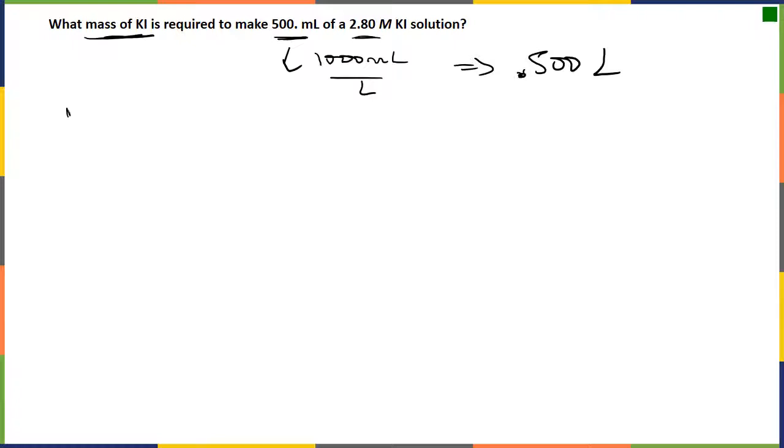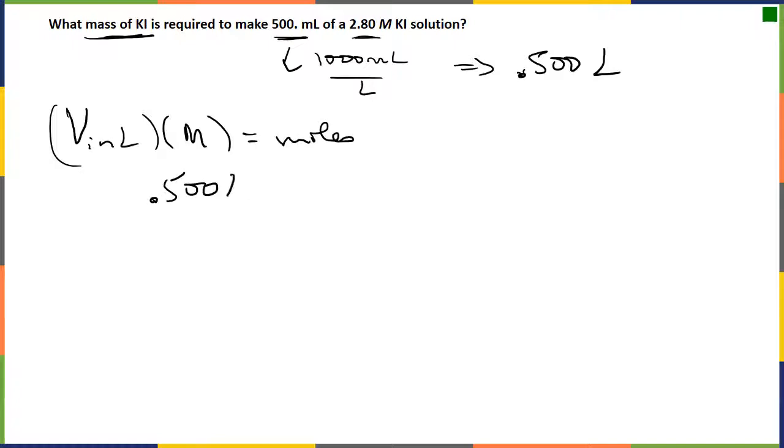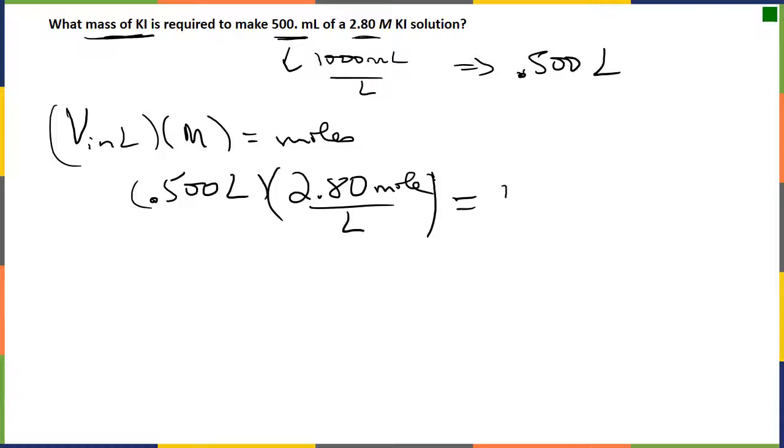And we want to know how many grams this is. Well, please note that the volume of the solution in liters multiplied by the molarity is going to give us moles. So if we take 0.500 liters and multiply by 2.80 mole per liter of the potassium iodide, we're going to get the number of moles of potassium iodide in the solution, and this is 1.40 mole. We need the molar mass.